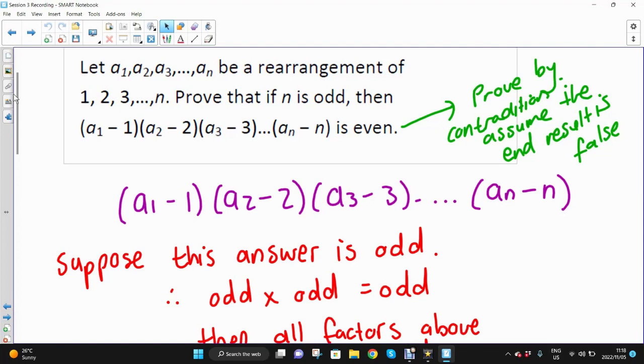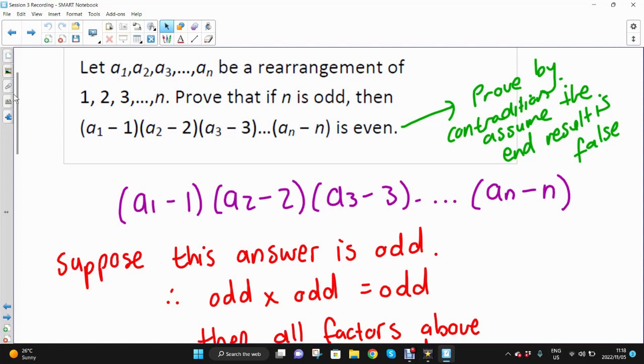Now, in this case, to prove this, we are going to use what we call a contradiction. Now, to contradict something is to basically assume the opposite of what you should prove, but that must be false. So in this case, I need to prove that this expression is even. So I'm going to assume that this answer is odd for my proof.